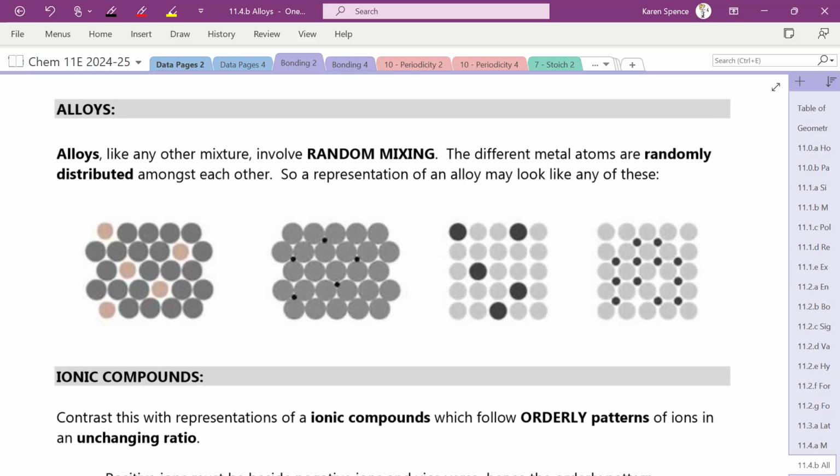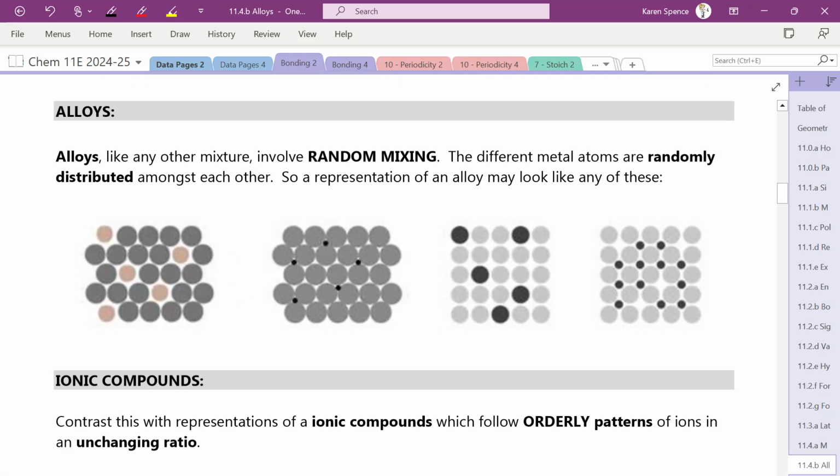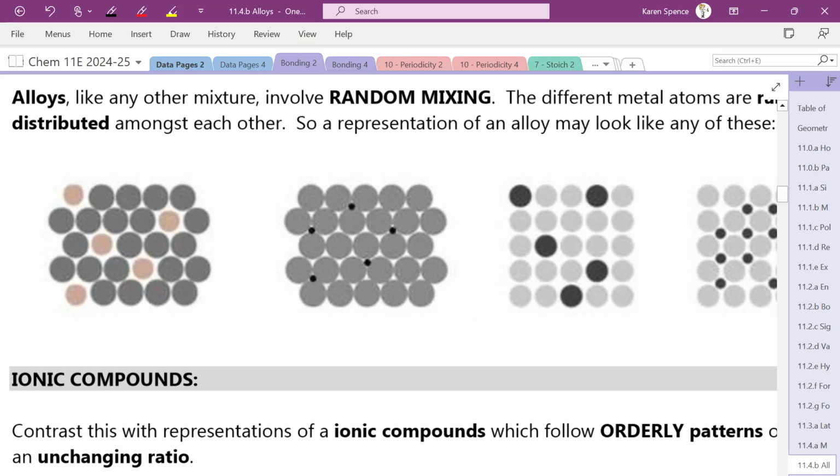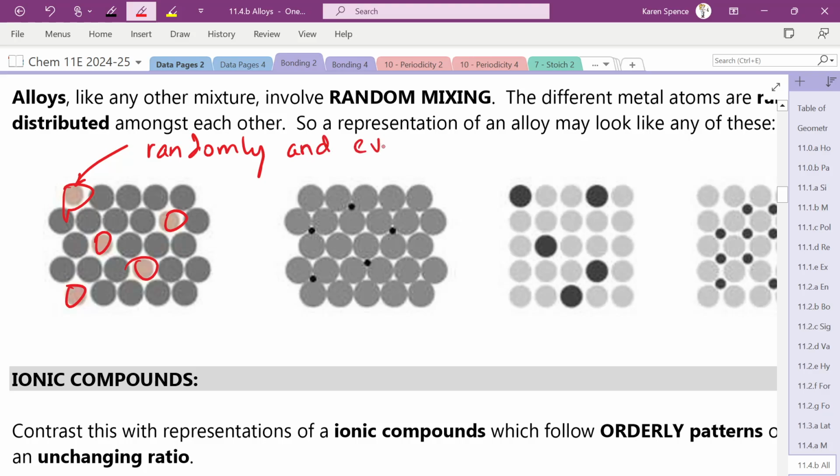Okay, so alloys always involve random mixing. If you're looking at an alloy, do you see how these are randomly distributed? So it's not even. It is even, but random. Randomly and evenly distributed.